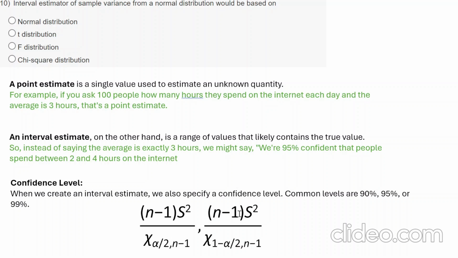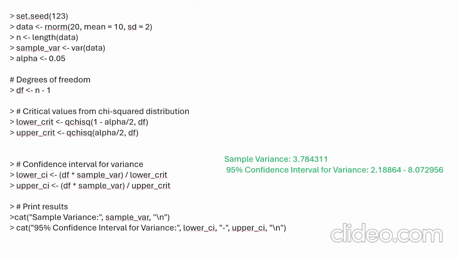Then the upper critical value is n minus 1 times s square divided by chi of 1 minus alpha by 2 comma n minus 1. So substituting our values here, like in our problems, will get us the confidence intervals for a normal distribution.